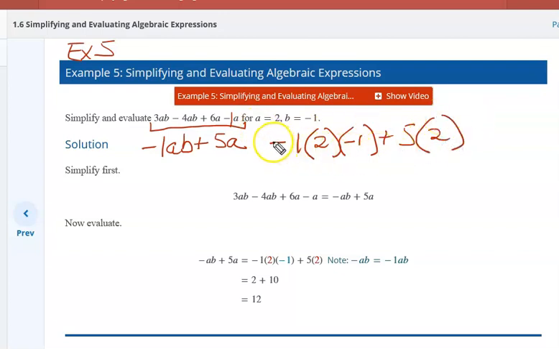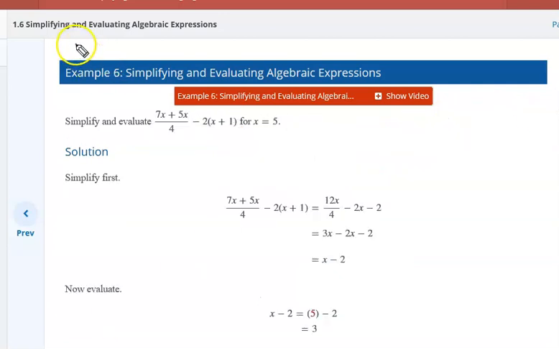So here we see in the string of factors, negative times a negative gives us a +1, times 2 is 2, and 5 times 2 is 10, gives us a total then of 12. So again, you want a protocol to substitute the value into the variable, and the use of parentheses I think is very important here. And this is our last example, example 6.